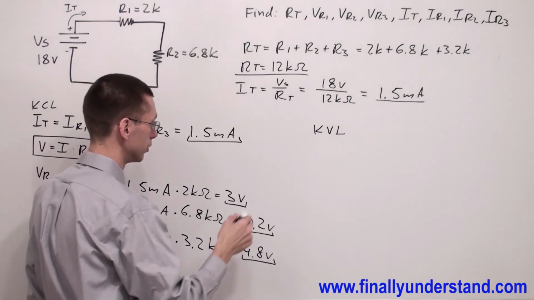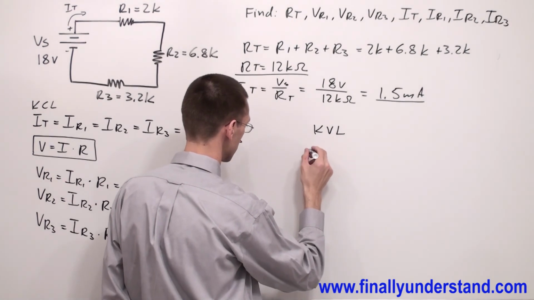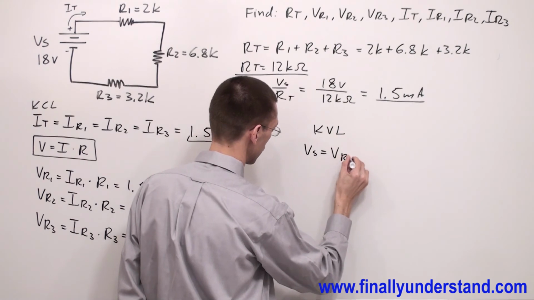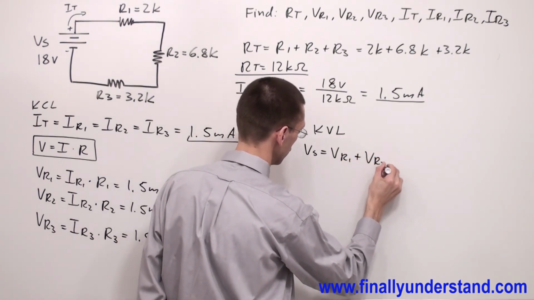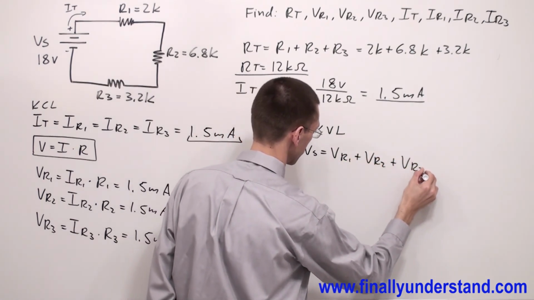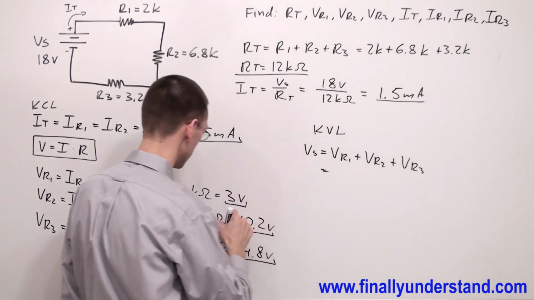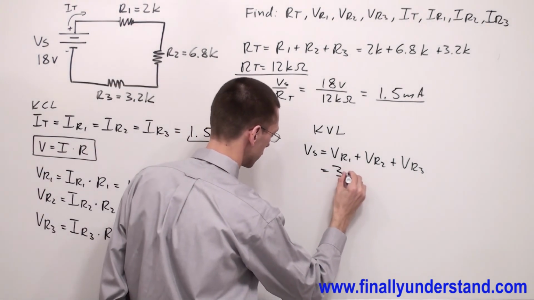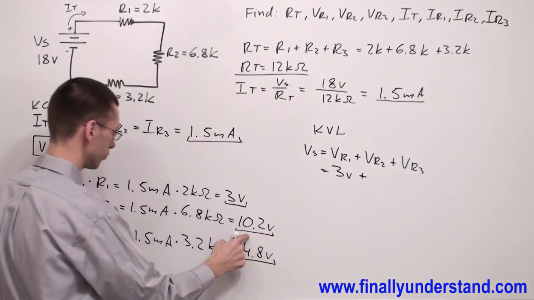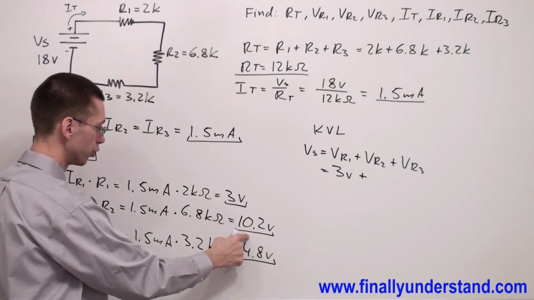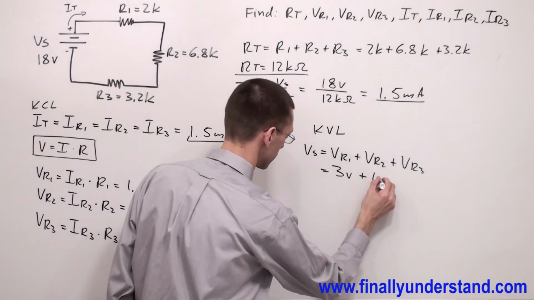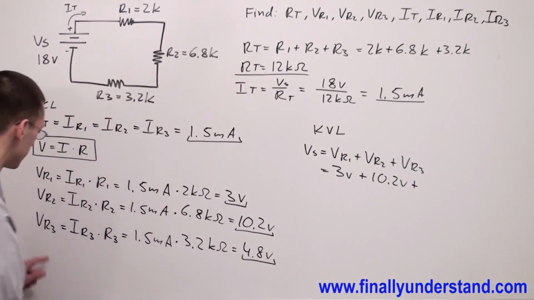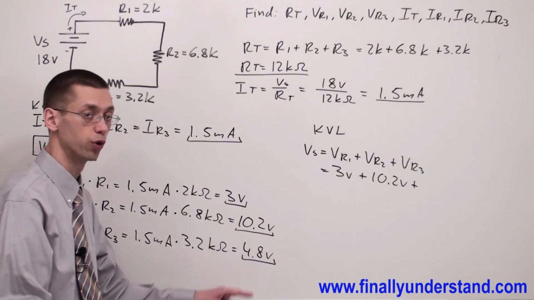So what I'm going to do, simply write the KVL for the series circuit, which says voltage source is equal VR1 plus VR2 plus VR3, which is equal VR1 is equal 3 volts plus VR2, which is equal 10.2 volts plus VR3, which is equal 4.8 volts.